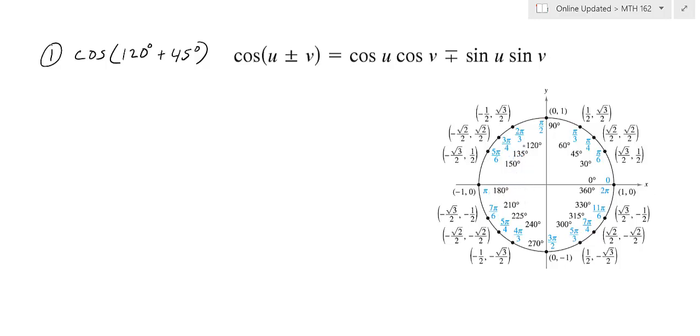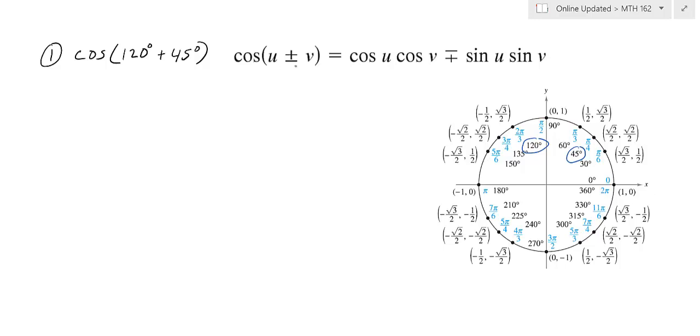However, if we split that up to the cosine of 120 plus 45 degrees, you'll notice that we actually have an angle of 120 degrees and we have an angle of 45 degrees.